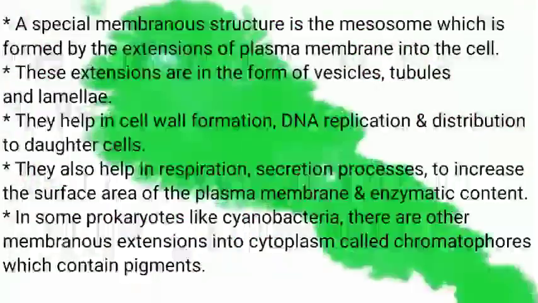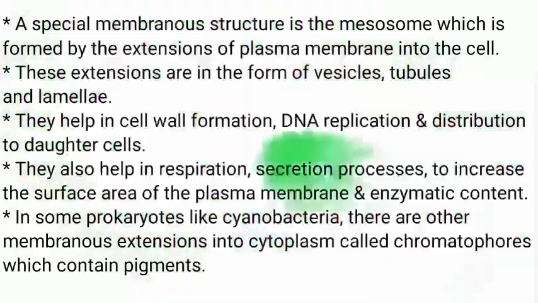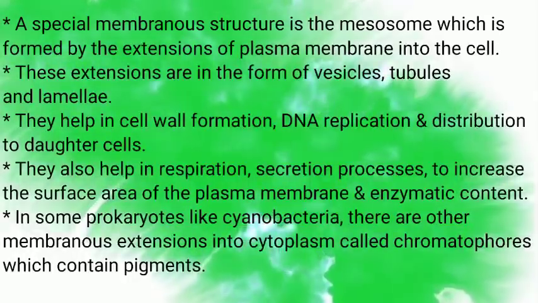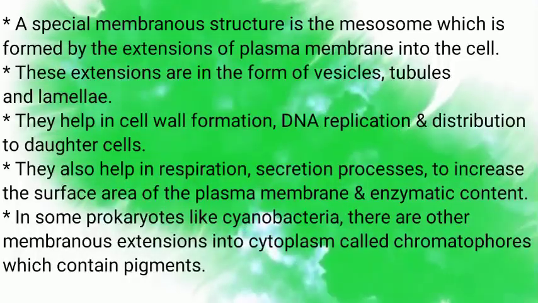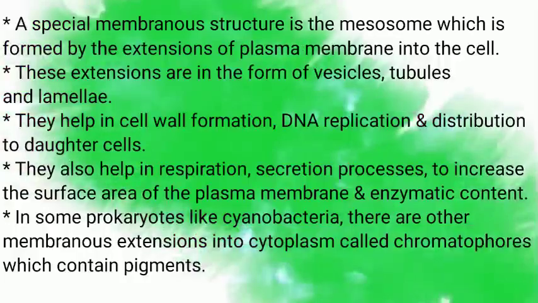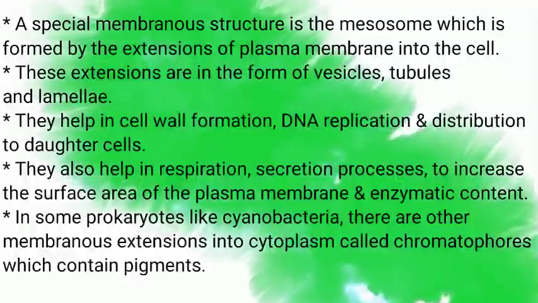A special membranous structure is the mesosome, which is formed by the extension of the plasma membrane into the cell. These extensions are in the form of vesicles, tubules, and lamellae. They help in cell wall formation, DNA replication, and distribution to daughter cells.